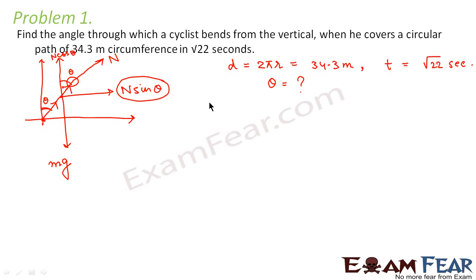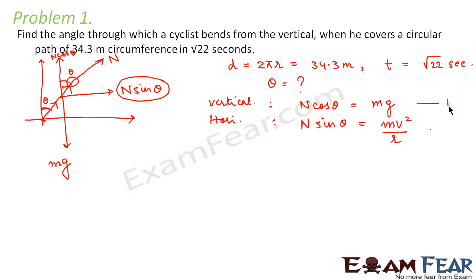Along the vertical direction, n cos theta is equal to mg, and along the horizontal direction, n sin theta is equal to the centripetal force, which is mv square by r. Let us suppose this is equation 1 and this is equation 2.